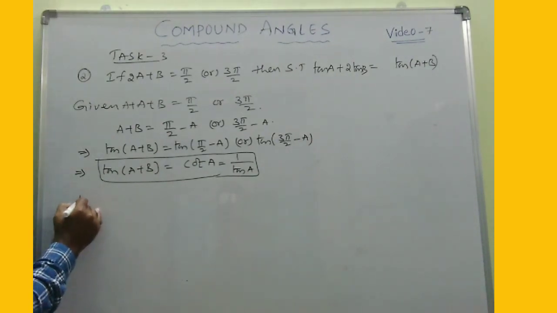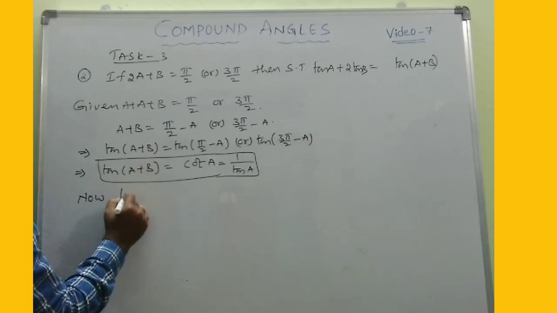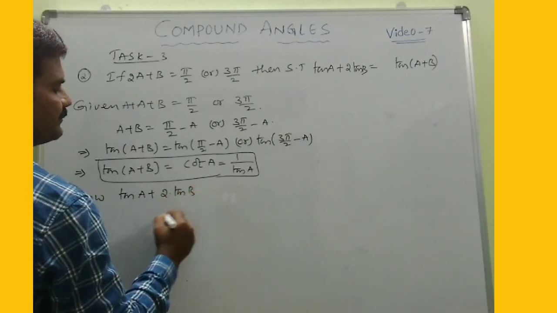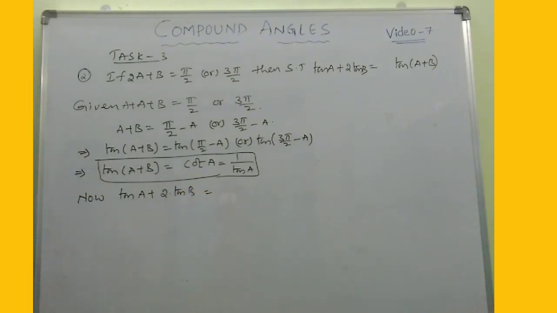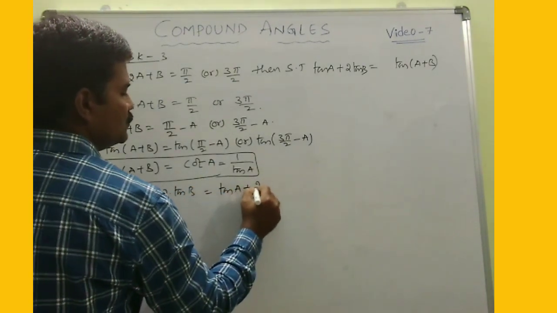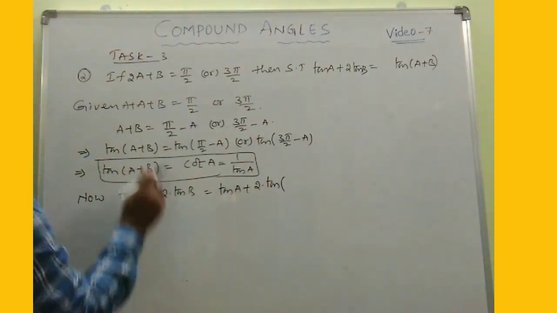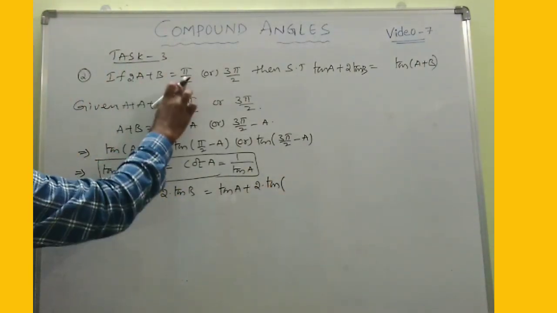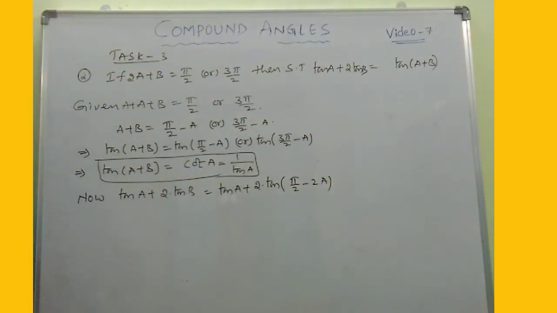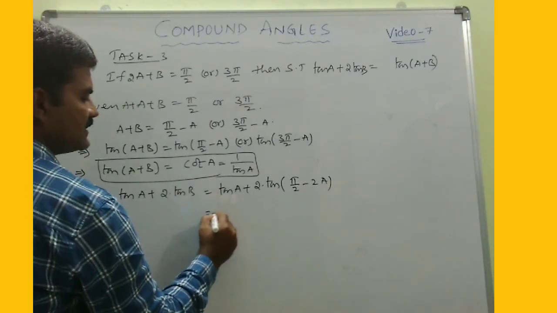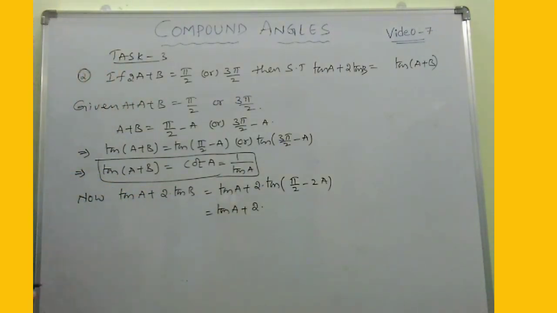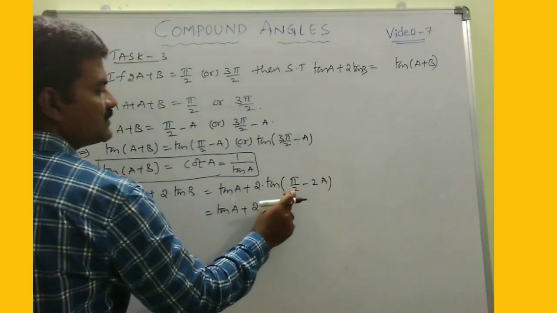Now let us go for LHS. LHS is tan a plus 2 into tan b. This is what we need to find out. So tan a plus 2 into tan of, in the place of b, can I write 90 minus 2a? Yes. Now let us simplify this. Tan a plus 2 into cot 2a, because of 90.